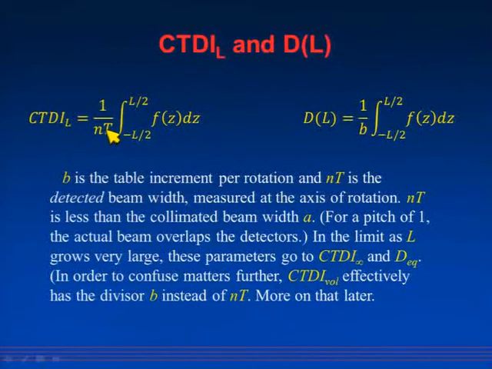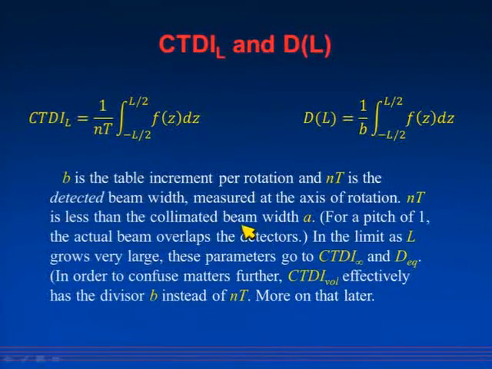It could be okay if NT was equal to B, which it often is. That would be a pitch of 1. So for a pitch of 1, this and this are the same.